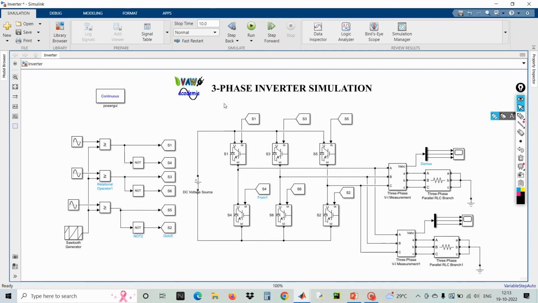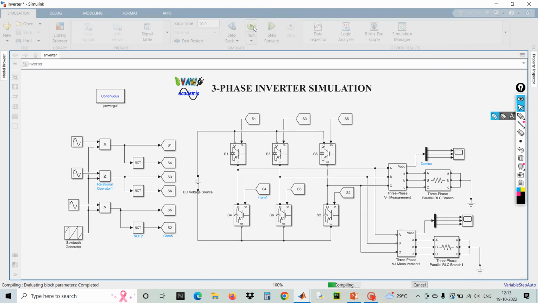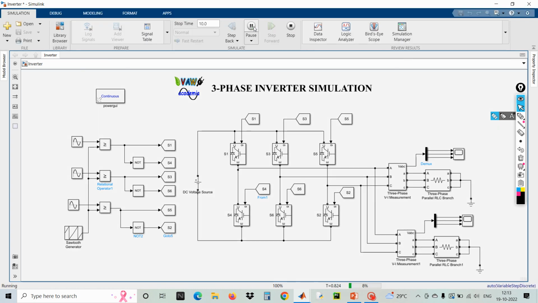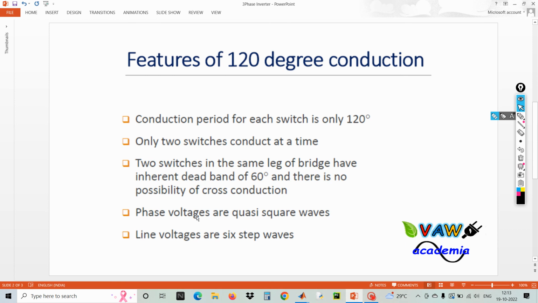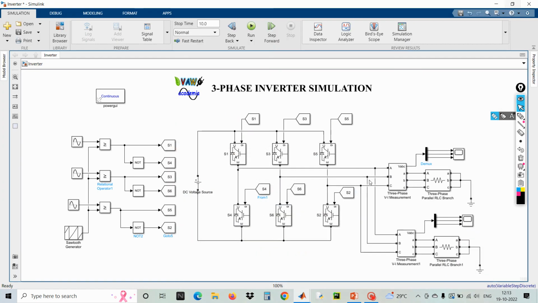Now if you simulate the system, as we know, the phase voltages are quasi square waves, whereas line voltages are six-step waves. Let us see.